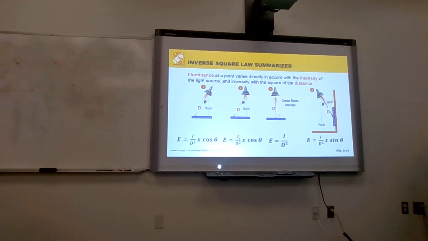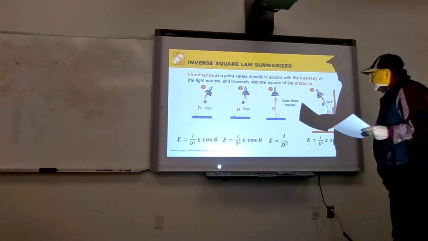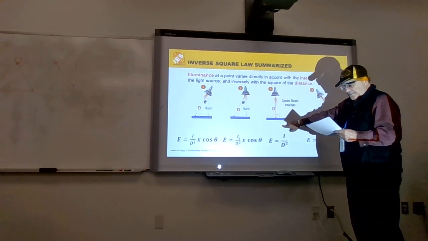So here's what we're going to do. In this exercise, we are going to solve for foot candles in the first box. Okay? You have a pencil? All right. So let's do this together. Solve for foot candles when the candle power is 6,000 and the distance is 10 feet. That would be this.